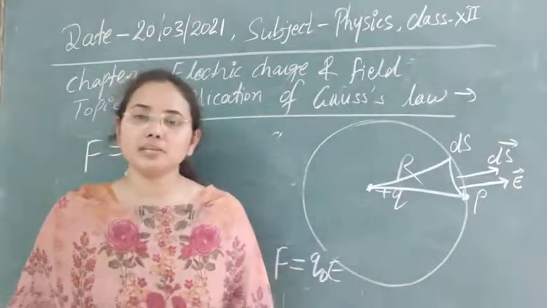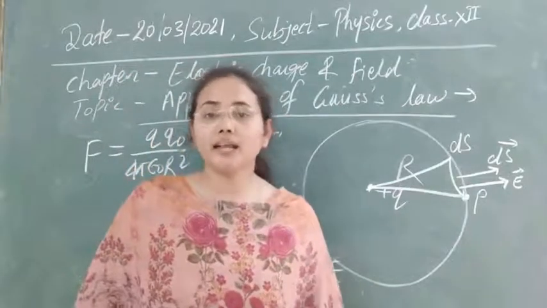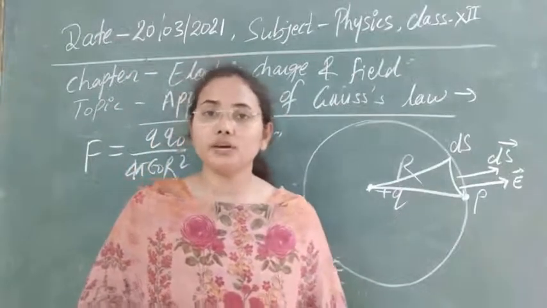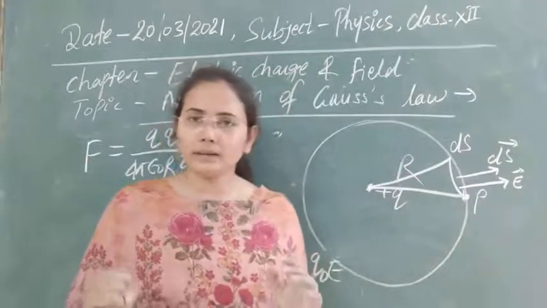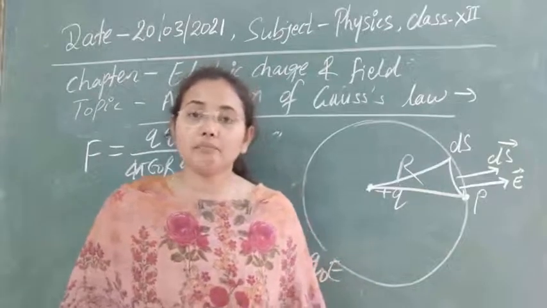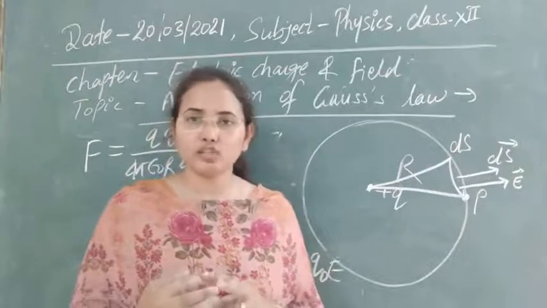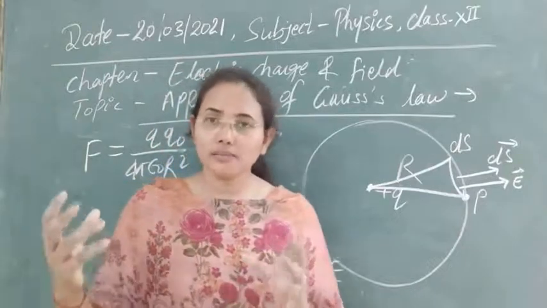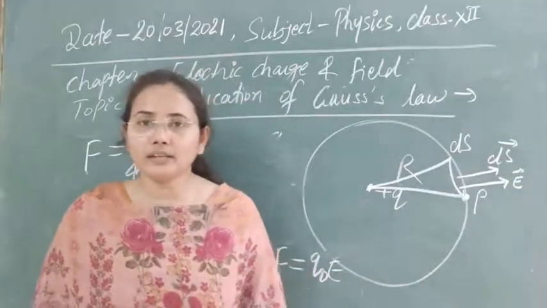Such an arrangement is known as an electric dipole, and its strength is denoted in terms of the electric dipole moment, which we have discussed. After that, in the case of an electric dipole, how can we calculate the field due to this system of two charges? That electric field, how can we calculate it?